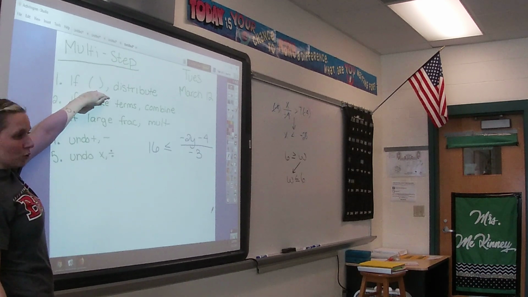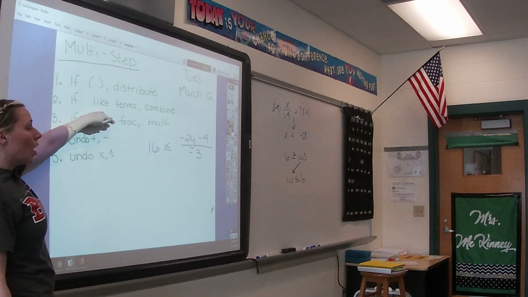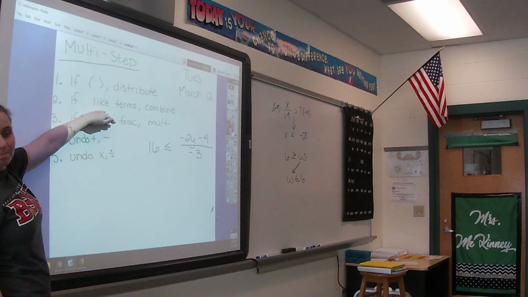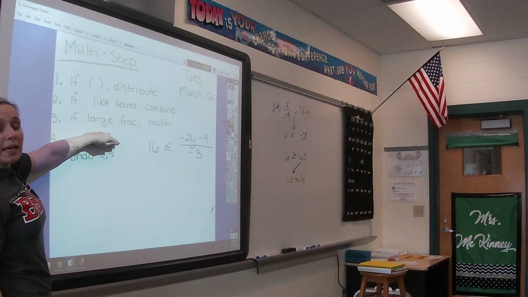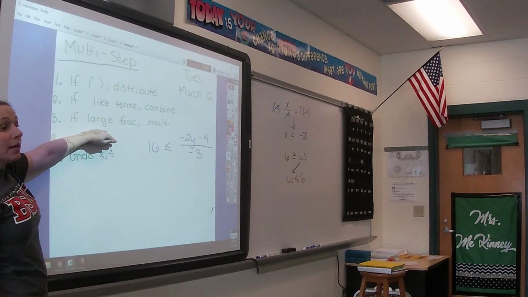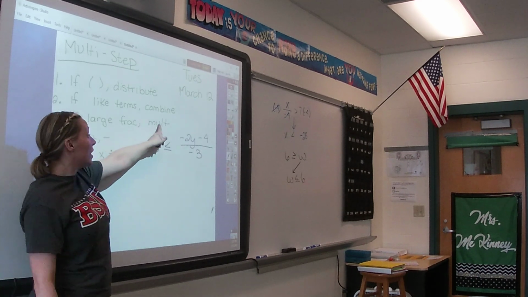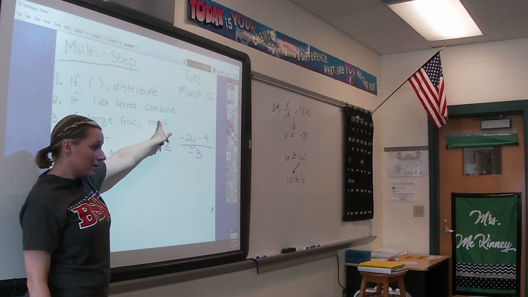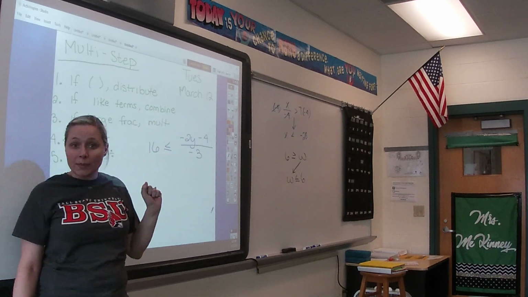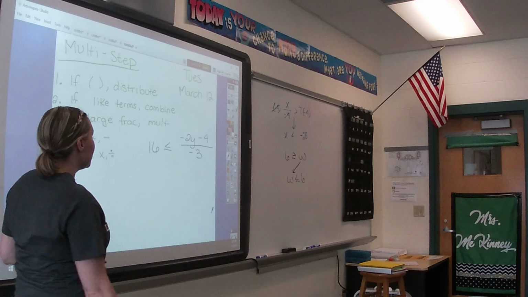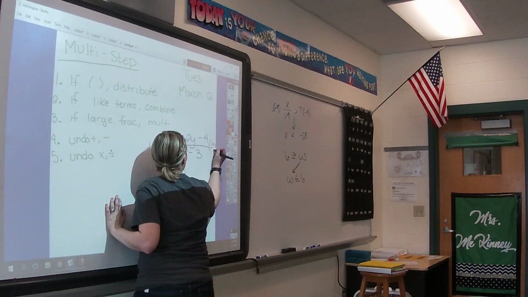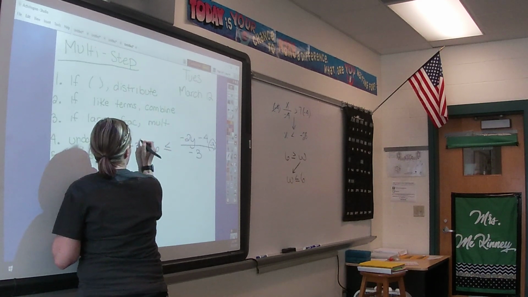No. So we skip. Are there like terms we can combine? No. Is there a large fraction? Yes. So we need to multiply, and we're going to multiply by this denominator. So we'll undo dividing by negative 3 by multiplying by negative 3.